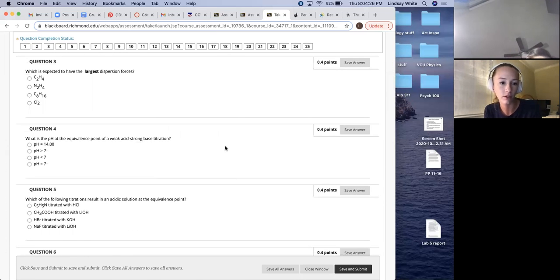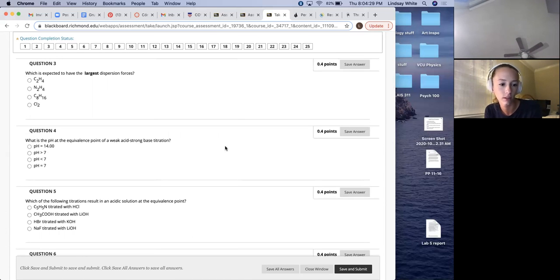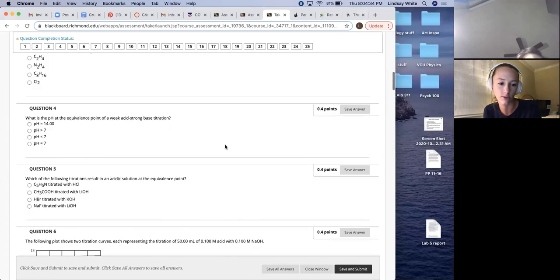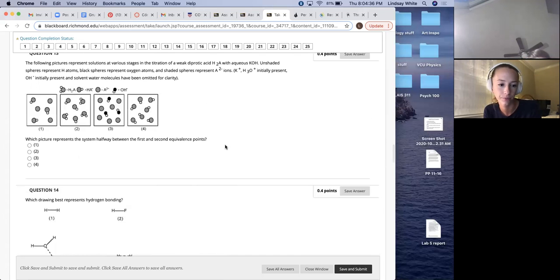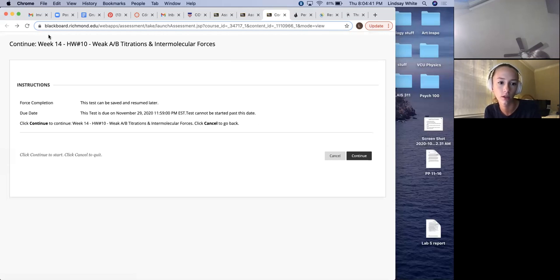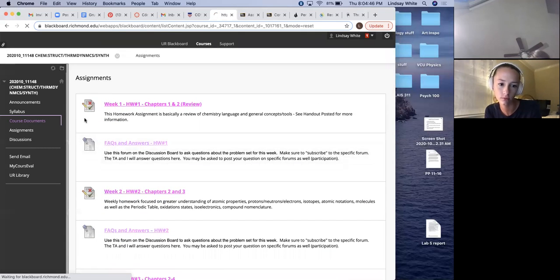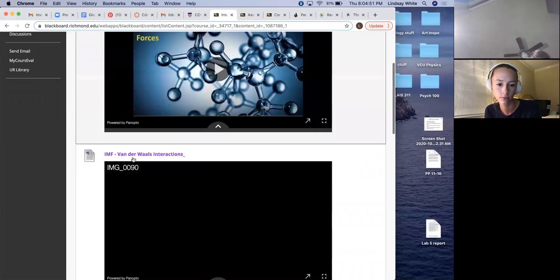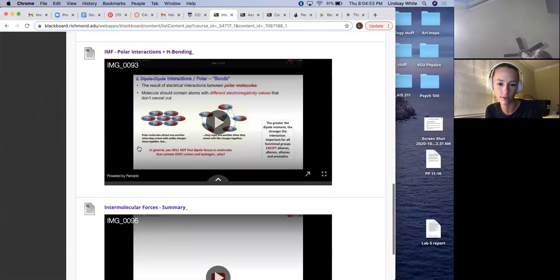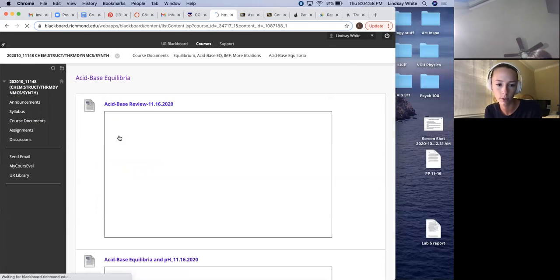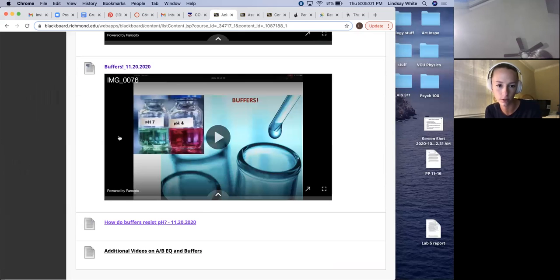We haven't gone over any intermolecular forces or titrations yet. Let me see when we're doing them. Yeah, I think we're doing these after Thanksgiving. They don't have dates on them. Okay. Because we're finishing up with buffers tomorrow.